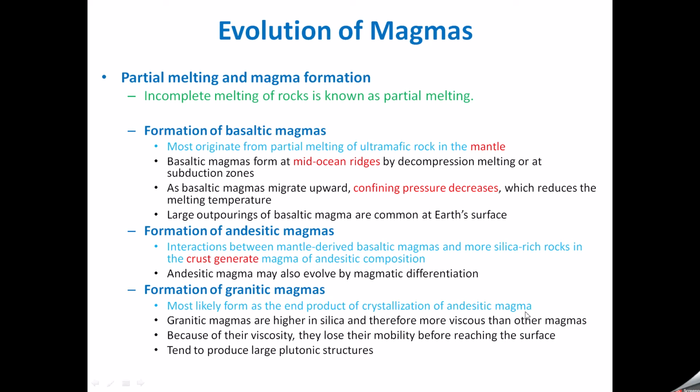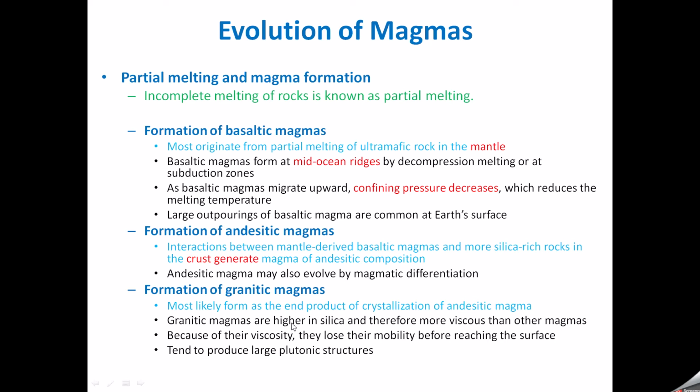So we'll have at first basaltic magma, and then the basaltic magma can evolve to intermediate magma through magmatic differentiation or the mixing of basaltic magma and the silica-rich crust, and then through the evolution of the magma, the end product of the andesitic will be granitic magma.